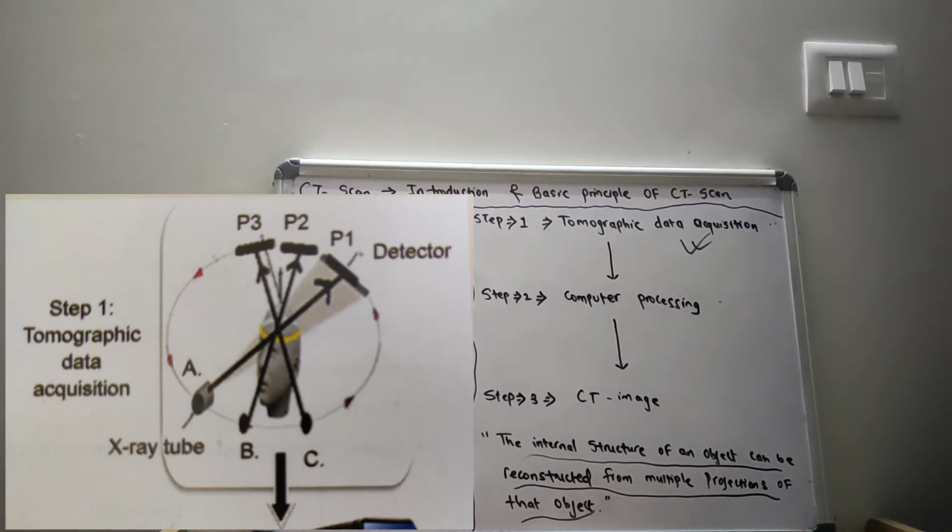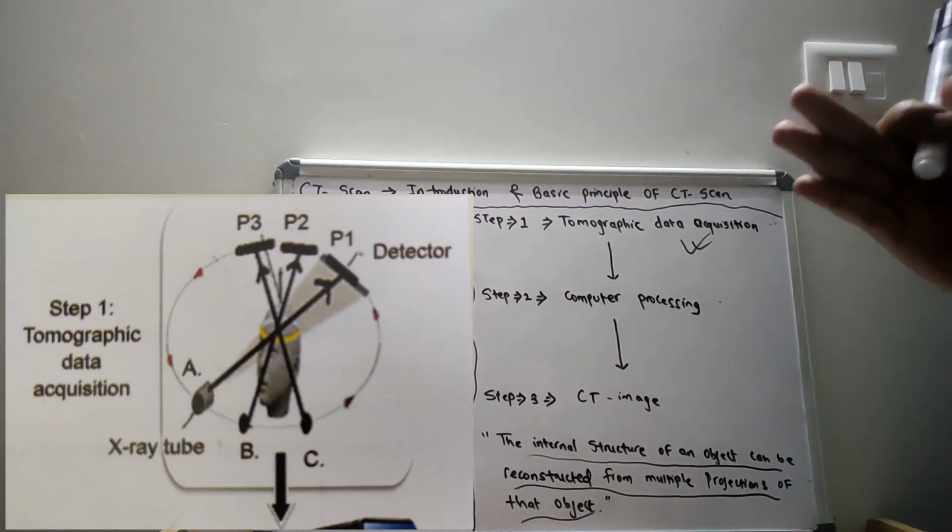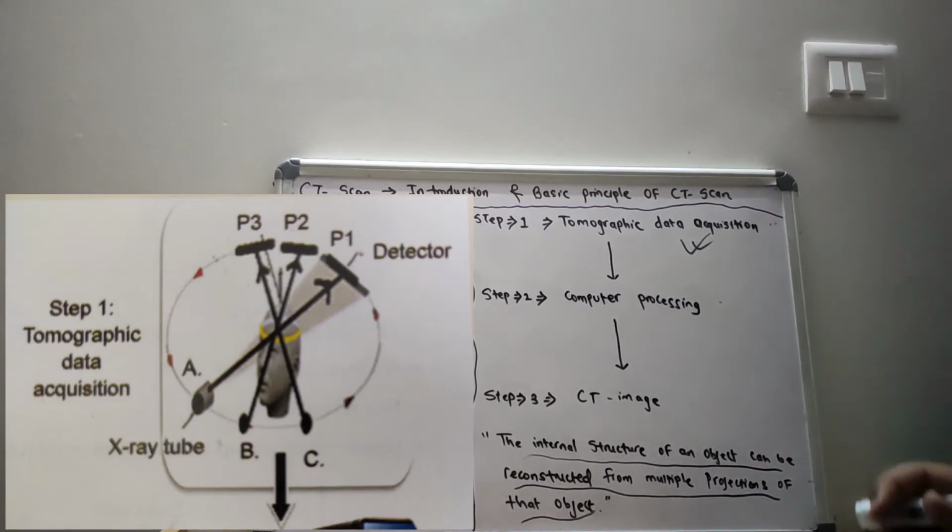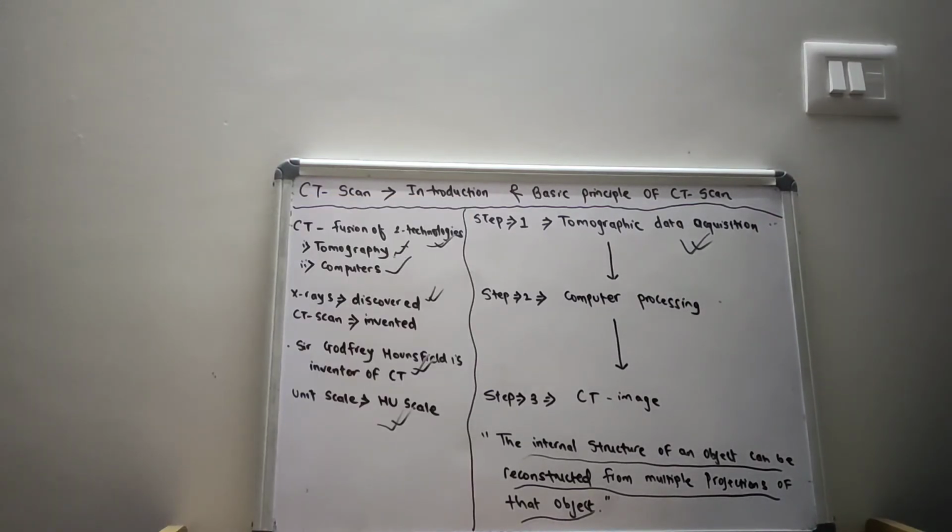The same process is repeated and the projection P2 is acquired. We should realize that P1 and P2 will appear different as they are acquired from different angles of the patient. This process is repeated for P3, P4, P5, and a number of PN images are acquired.